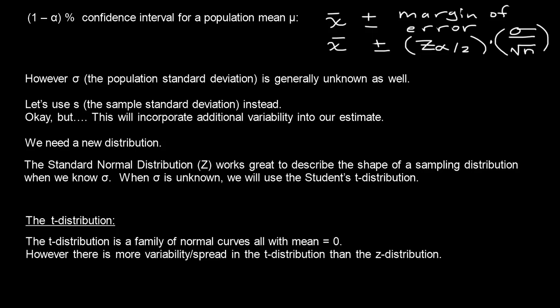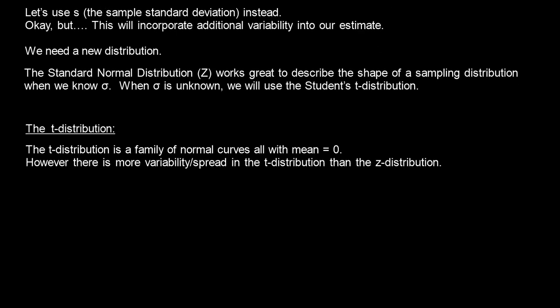So the t-distribution is a family of normal curves, and they all have a mean of 0. A family of curves just indicates that there are multiple of them. It's not just one. It looks like a normal distribution, except that there's going to be more variability or more spread in these t-distributions. So I'm going to draw a picture here.